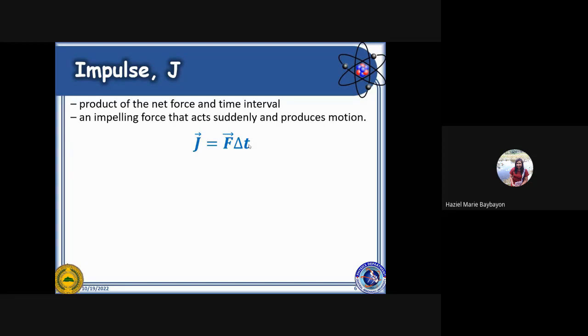So it is an impelling force that acts suddenly and produces motion. So impulse. It is the amount of the force and how sudden that force acts on a particular object.